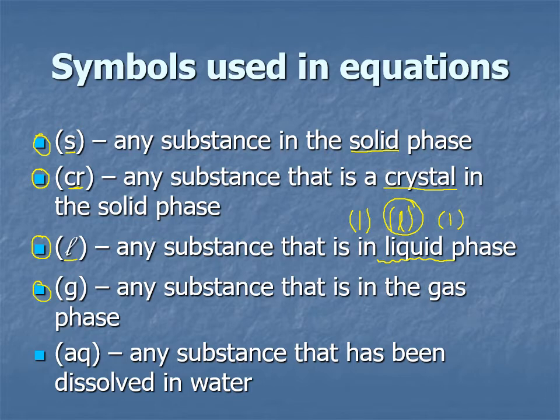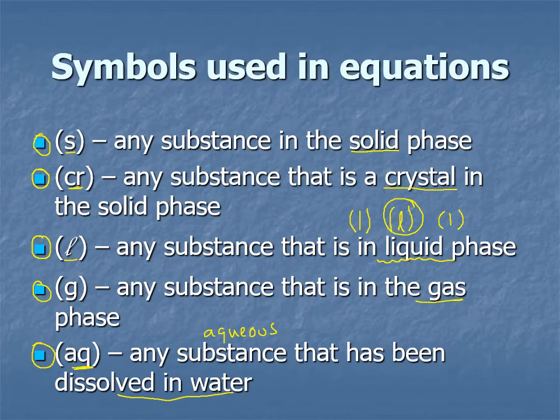One common one is a g in parentheses. It's a lowercase g and it means gas, anything in the gas phase. One other common one that you see very often is aq. aq stands for aqueous. And aqueous means that it has been dissolved, typically in water, but every once in a while I'll see aqueous used for something else, maybe dissolved in vegetable oil or something.